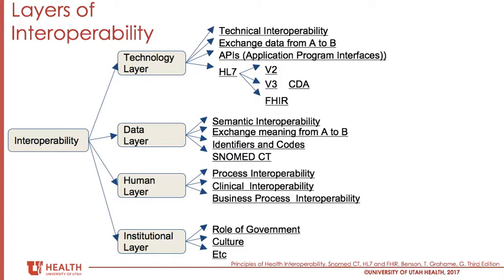interoperability, the clinical interoperability, and then at the institutional or organizational level, we have organizational interoperability, with the role of the government, the regulations, the culture of the institution, and other types of interoperability that are also very important in order to really achieve communication within systems.